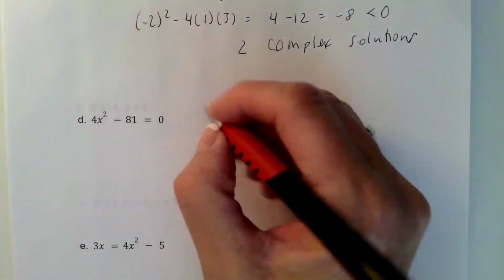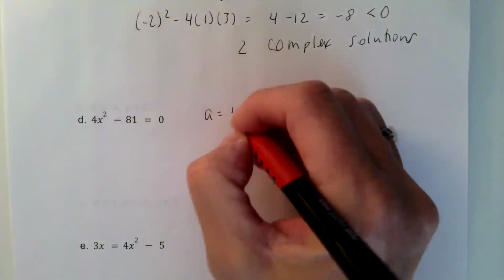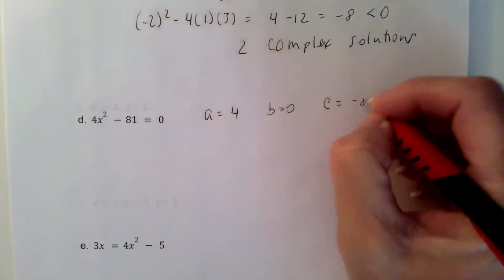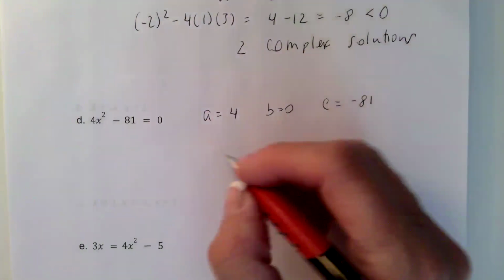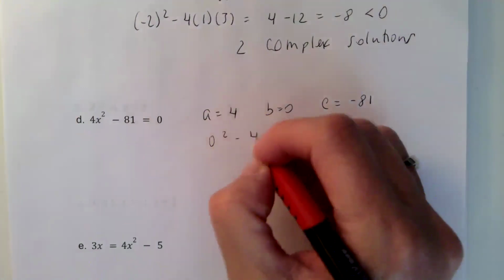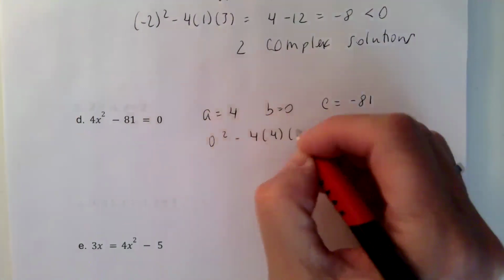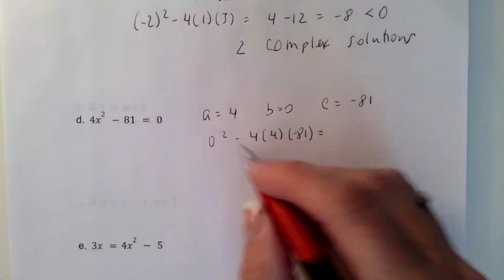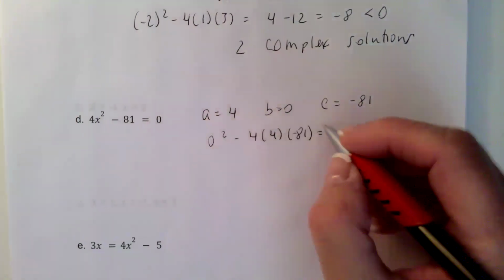For d, a is equal to 4, b is equal to 0, and c is -81. So we're going to have 0 subtracting 4 times -81. So it's going to be 0, but it's positive.